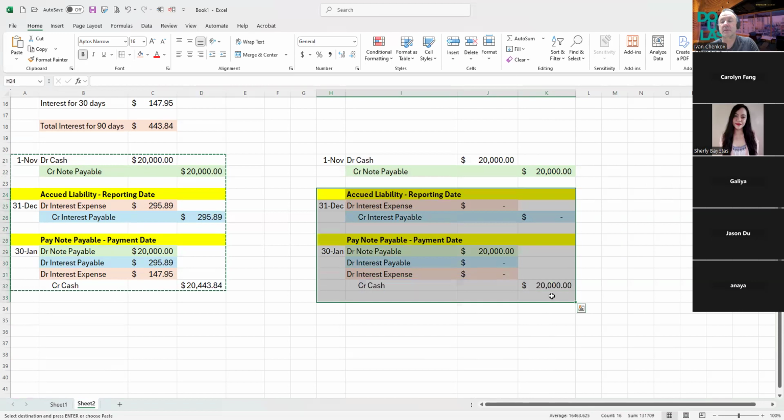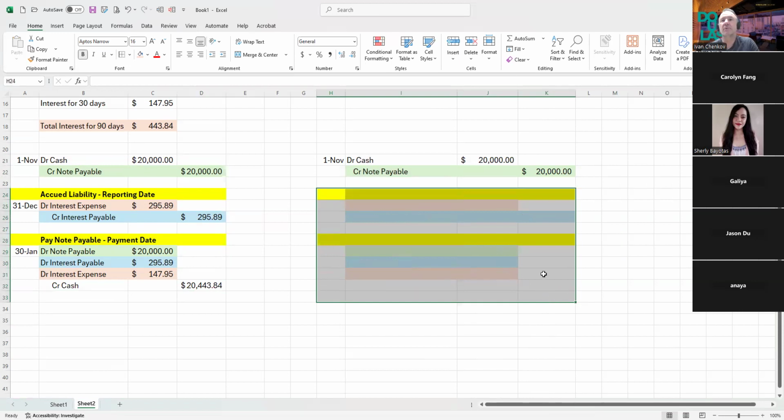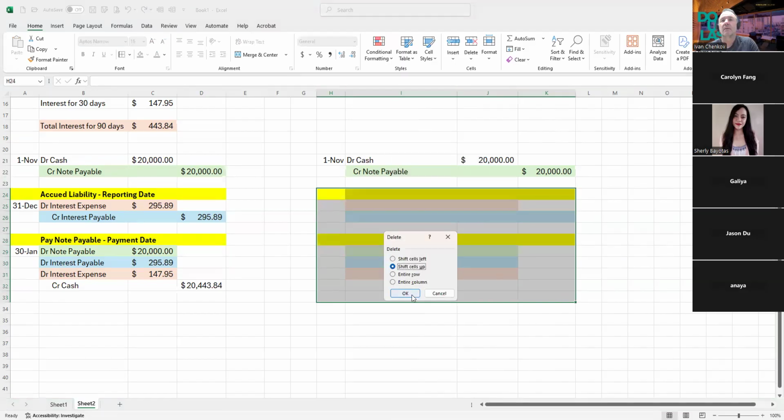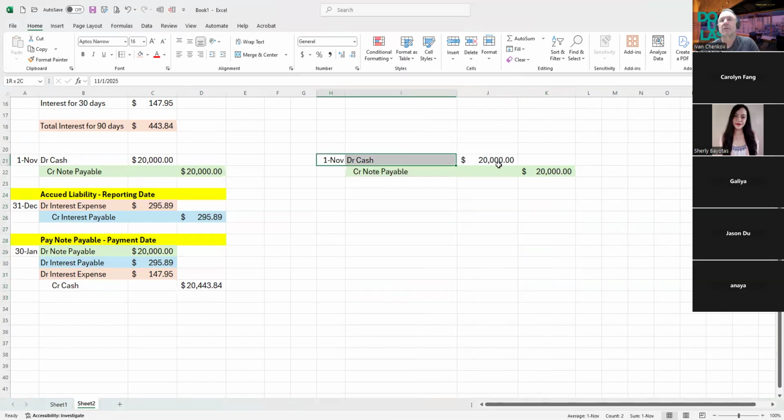This journal entry, those are gone. No reporting date. On the issuing date, that's what I'm going to have. So what will be the reporting date? There is no reporting date, so I don't have to do anything. What will be my entry on the payment date?